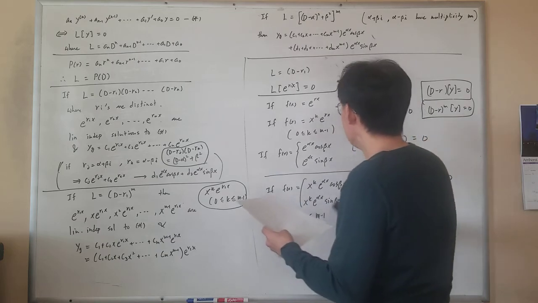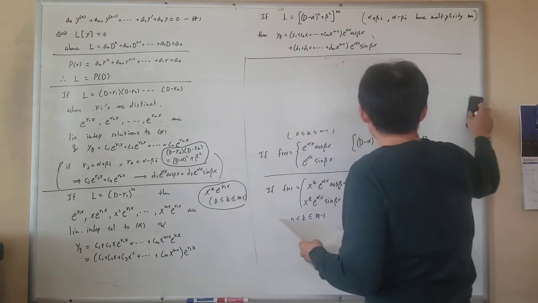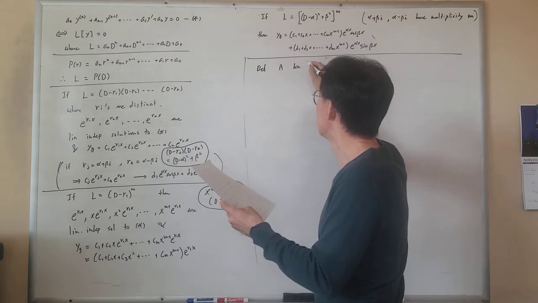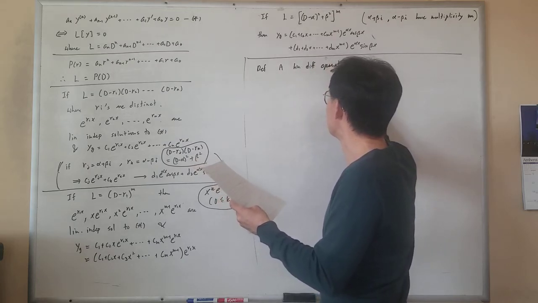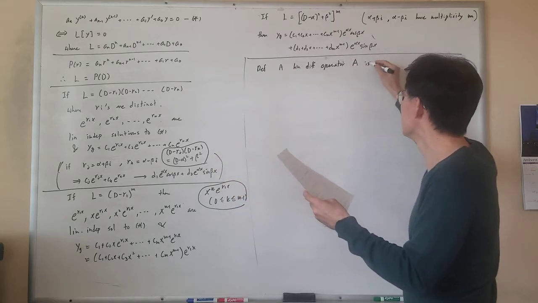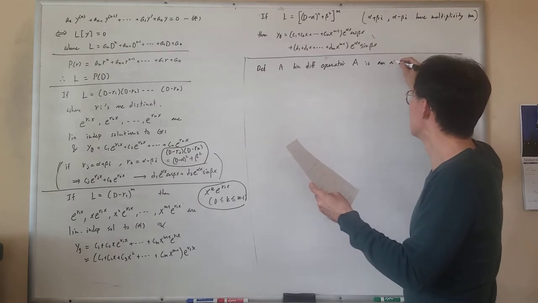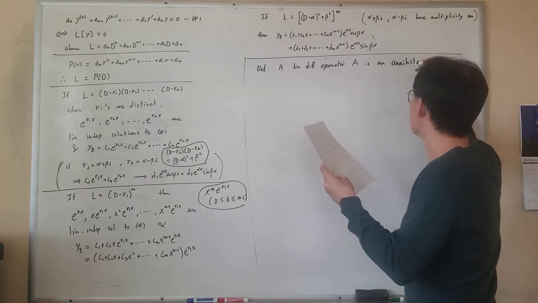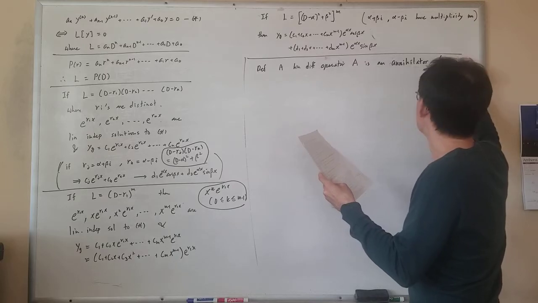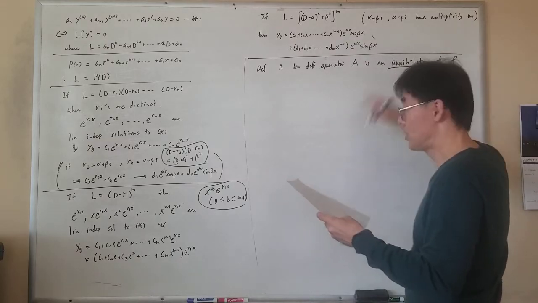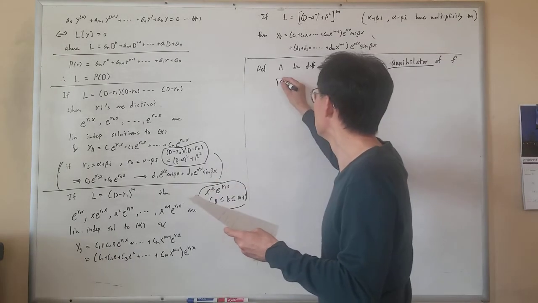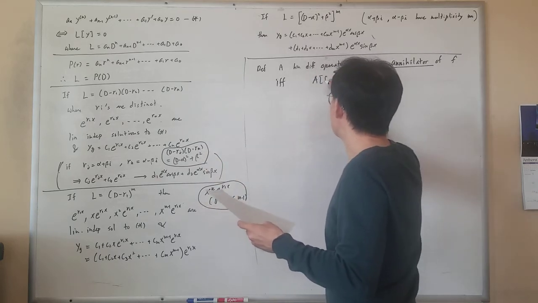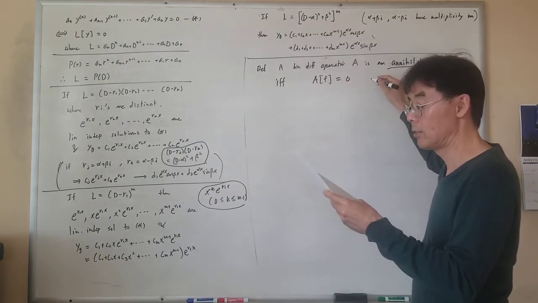So, you see, a linear differential operator A is an annihilator of function f, or is said to annihilate f, same thing, if and only if A of f is identically 0 for all x.